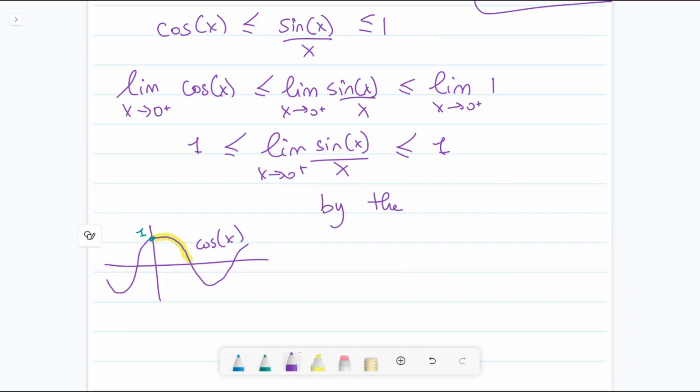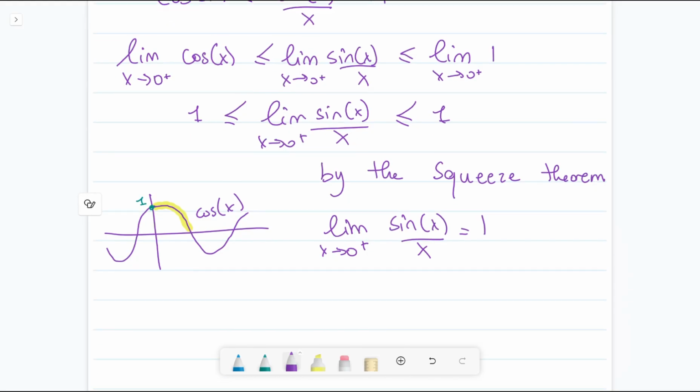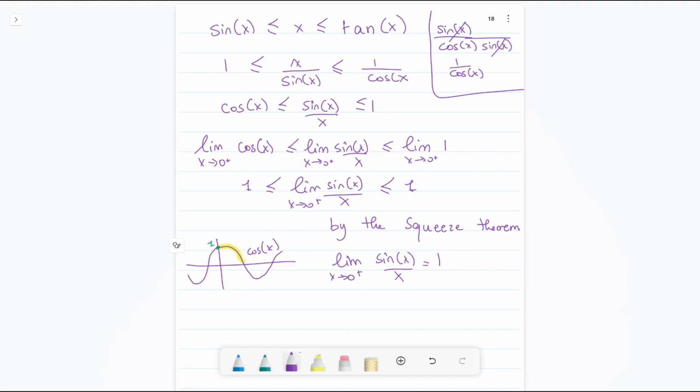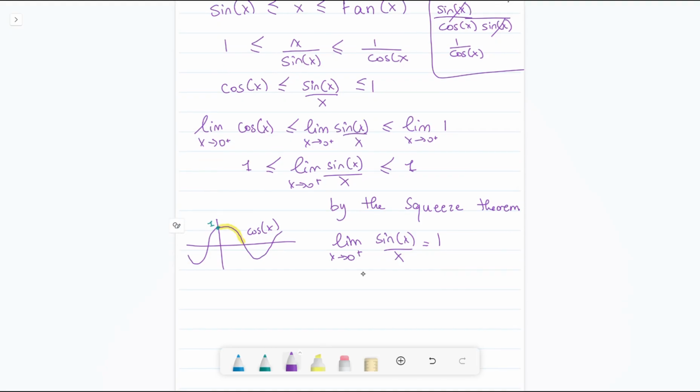So, by the squeeze theorem, the limit of sine of x divided by x as x approaches 0 from the right is 1. So this is how we prove that the limit as we approach 0 from the right is 1.